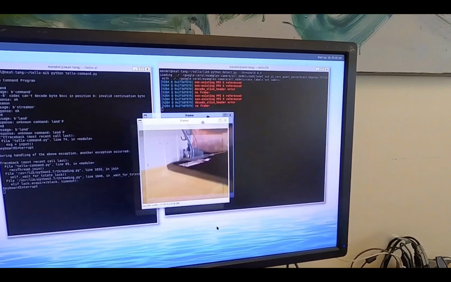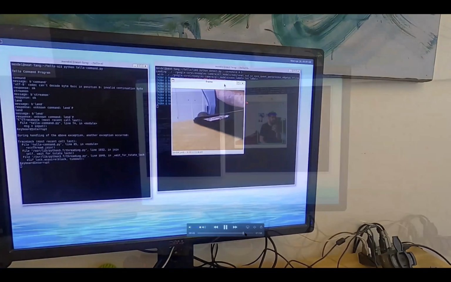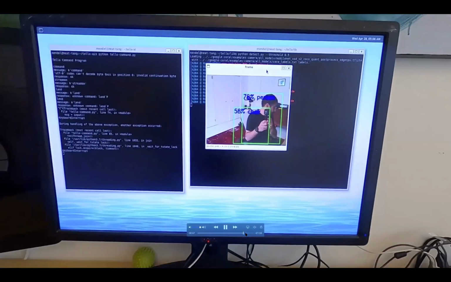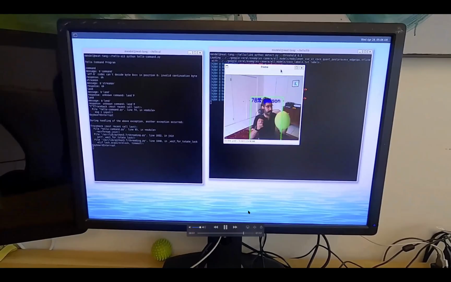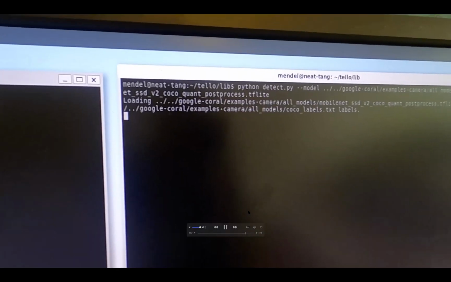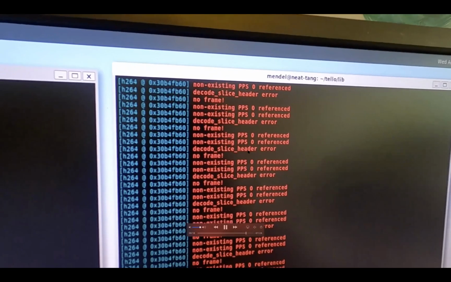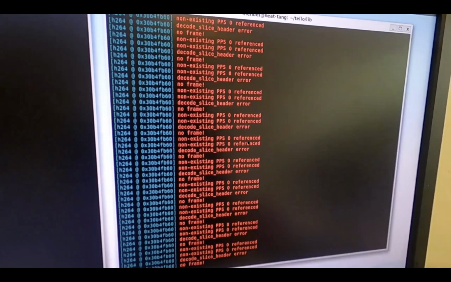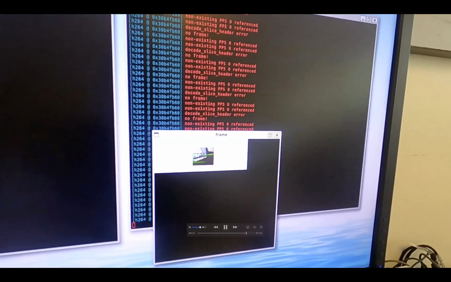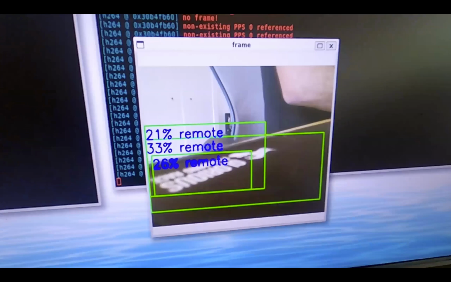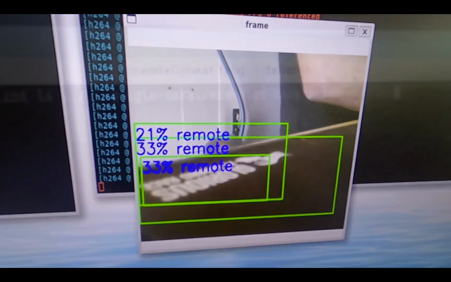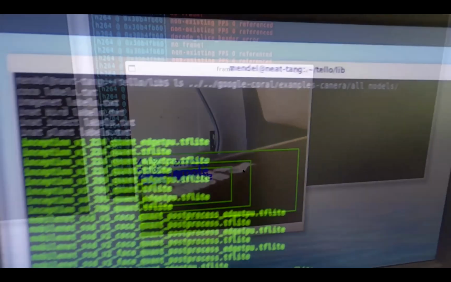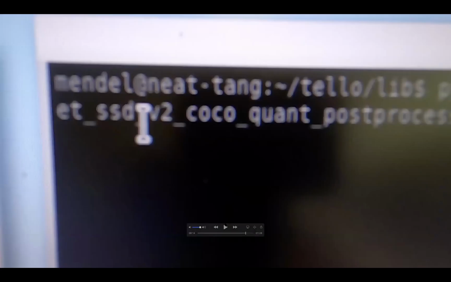Here you can see it's just doing a different object. I was trying to load some other models here. My point is that the model I ran was made especially for the TPU, but if you don't run it on the TPU, it's a lot slower.